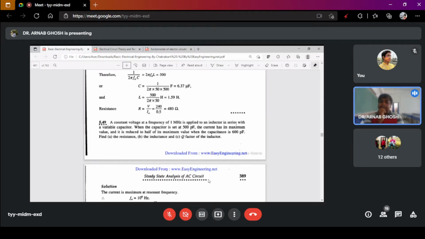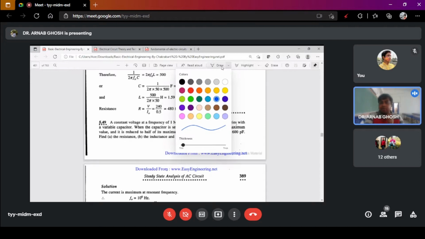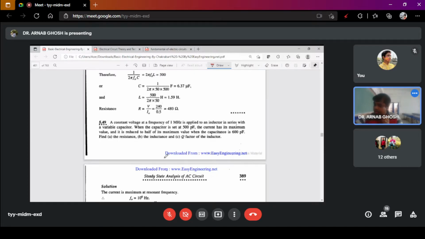When the capacitor is set at 500 picofarad, the current has its maximum value, and it is reduced to half of its maximum when the capacitance is 600 picofarad.